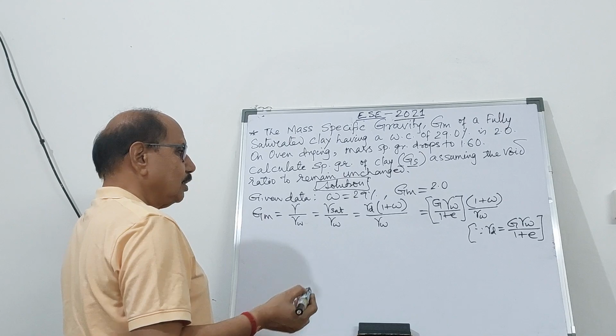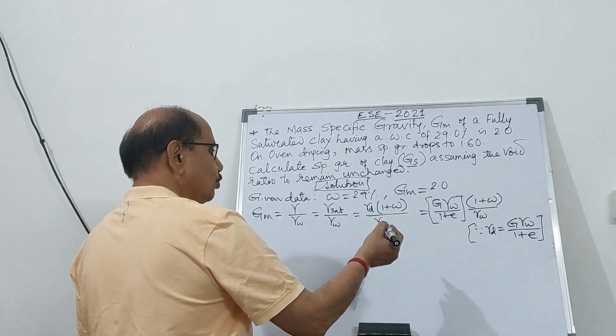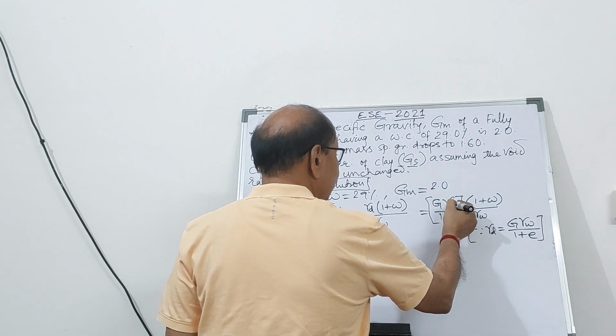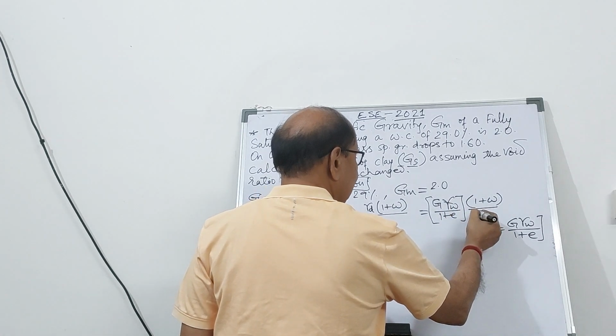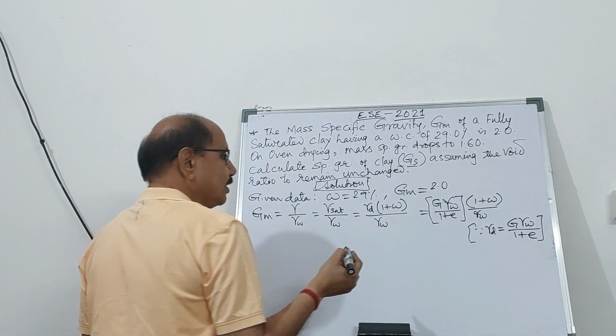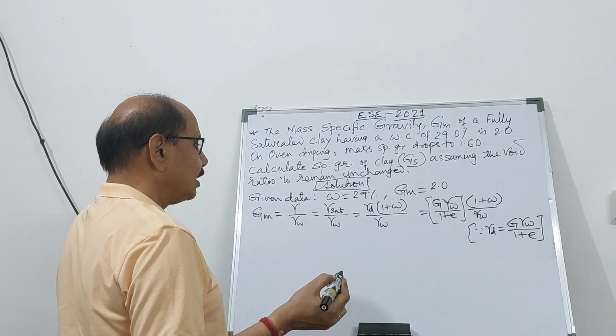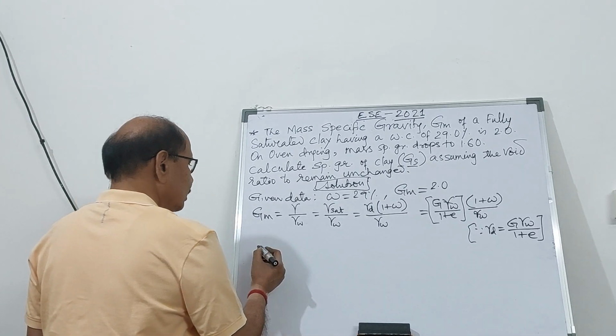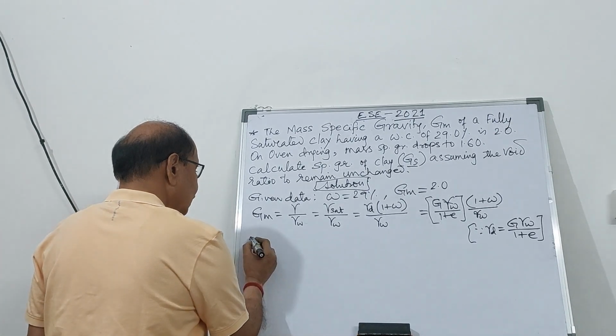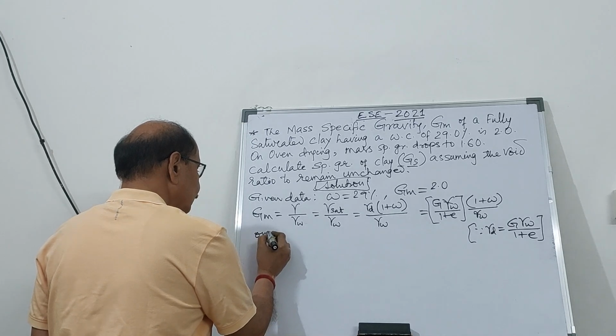In this form, gamma w in the numerator and denominator cancel out.